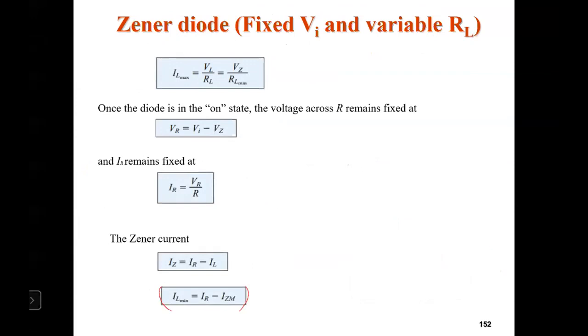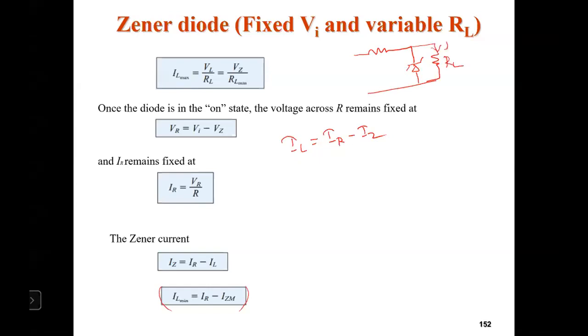IL is basically IR minus IZ. As per the circuit, you have a resistor here, a Zener diode here, and this load RL.